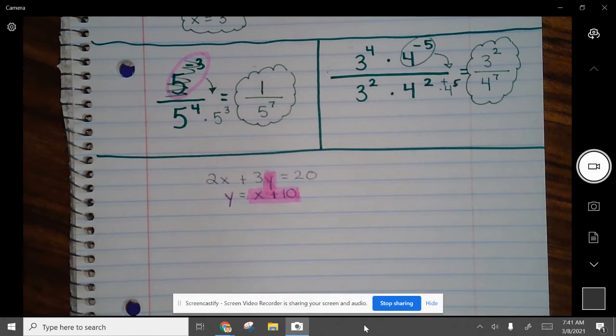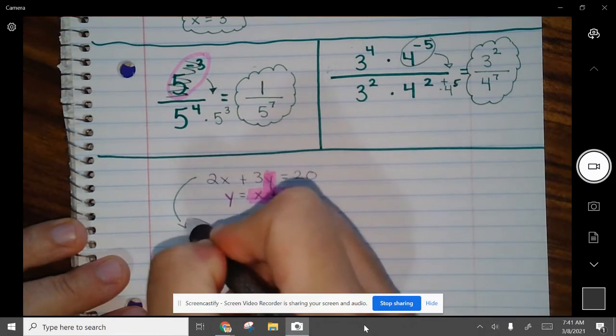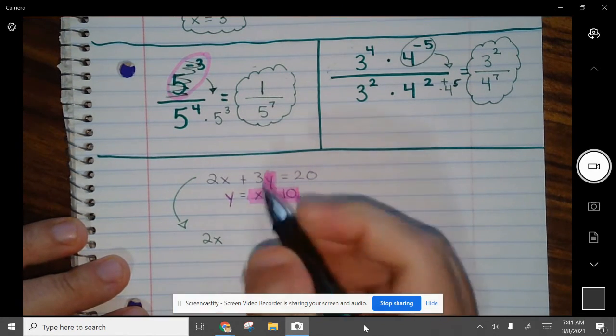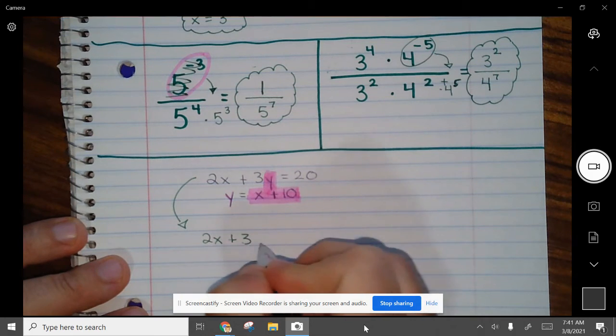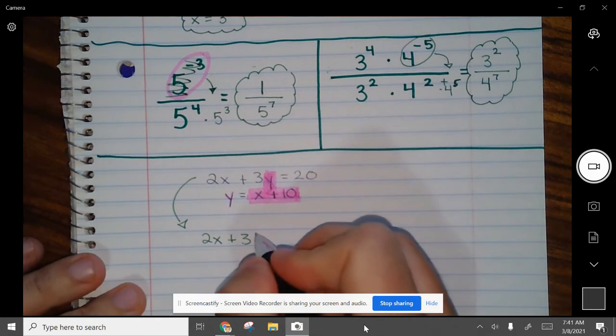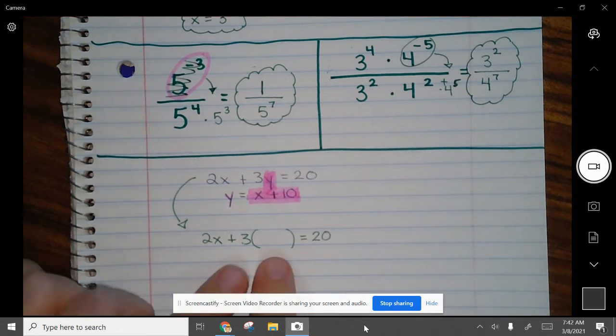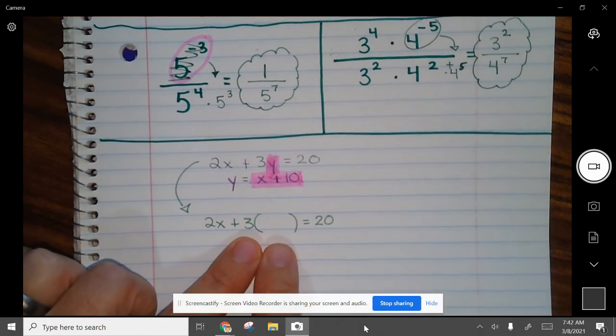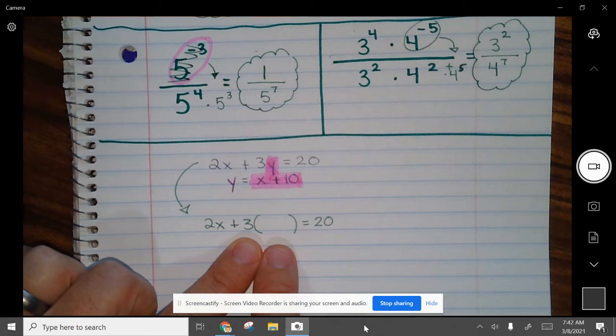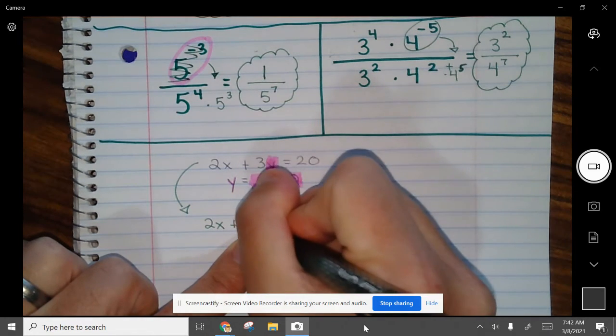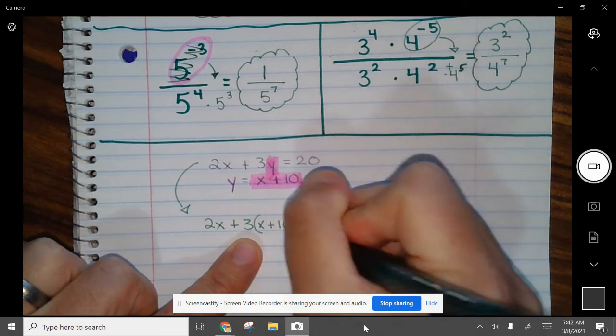So look at how I write the equation. I'm going to write the first equation one more time. 2x plus 3, but instead of y, I put the parentheses instead of the y, okay? Now I have x plus 10.